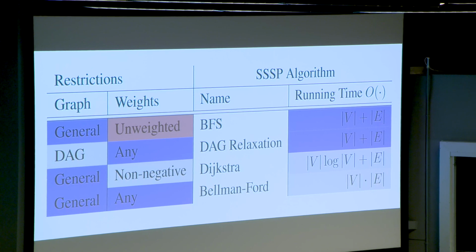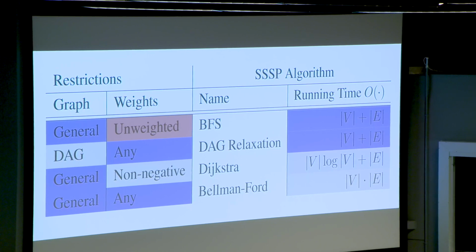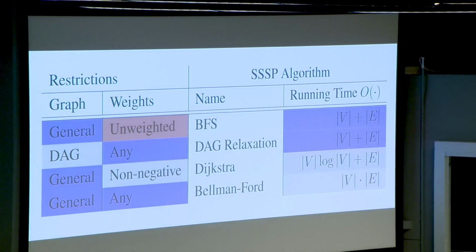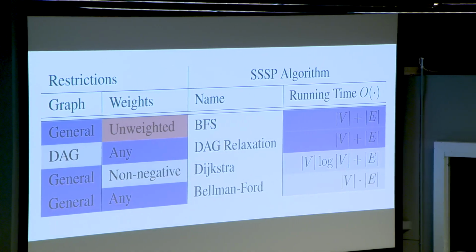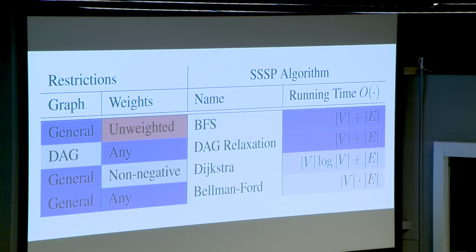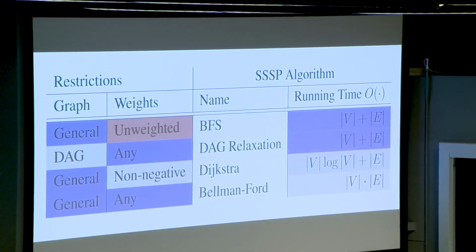For sparse graphs, this is like the difference between sorting using insertion sort in n squared and merge sort in n log n, for example. We're going to get quite a big bonus for large input sizes by using Dijkstra when we can.